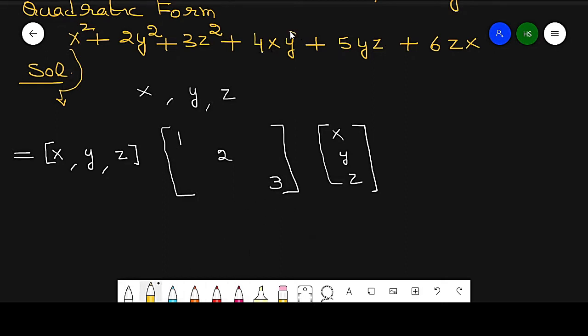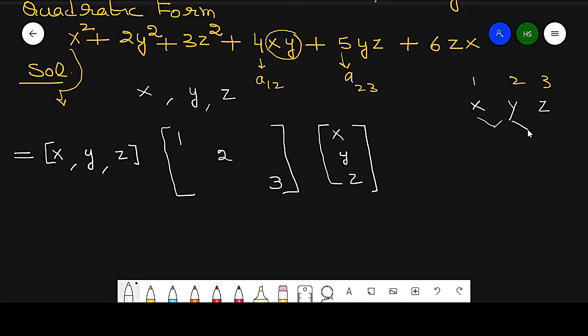Now xy is A11, A12, right? And this is A12, also it is A21. So this is from A23, because y is second, because we have three variables 1, 2 and 3. So 1 is x, second is y, third is z.